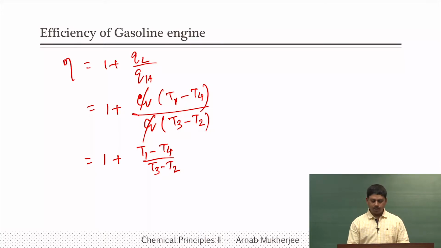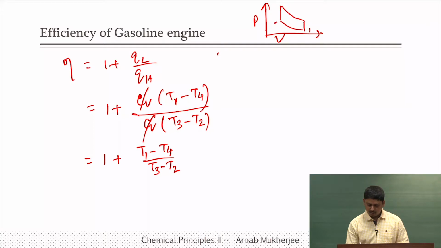Now, in order to simplify this process, we have to get some relations from this. So, let me draw it again just for remembering. Now, you see that this 1 to 2 is an adiabatic process. So, we can use the formula for an adiabatic process, which is T1 V1 to the power gamma minus 1 is T2 V2 to the power gamma minus 1.